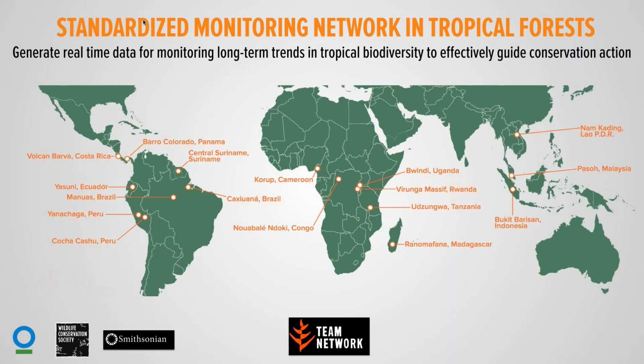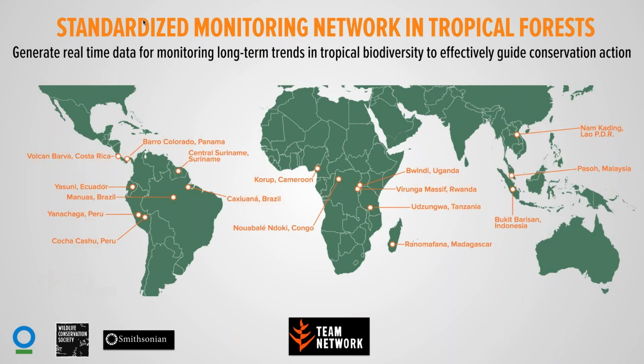TEAM is essentially a network of tropical forest sites. We usually work in protected areas around the world, and we're focused on tropical forests because they comprise about 10% of the forest area in the world, and they have about 50% or more of the biodiversity.